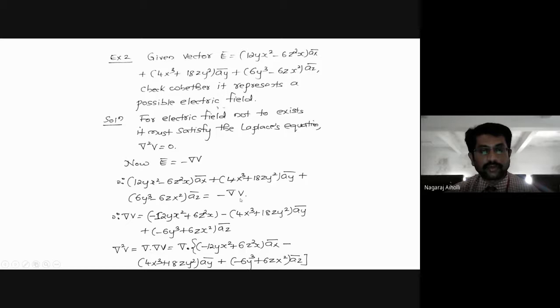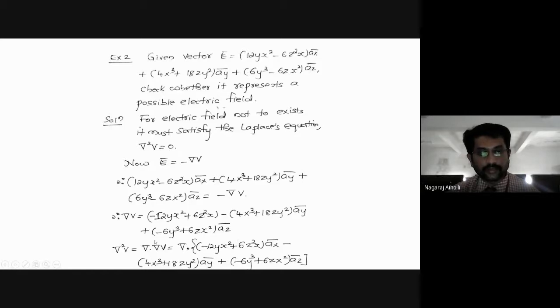Therefore, del V is equal to minus of, take minus inside: minus 12yx square into minus, plus 6z square x; and minus into plus, minus 4x cube plus 18zy square, I have not taken inside still, into ay bar; then plus, multiply minus inside, minus 6y cube, then minus into minus plus 6zx square az bar. Correct?